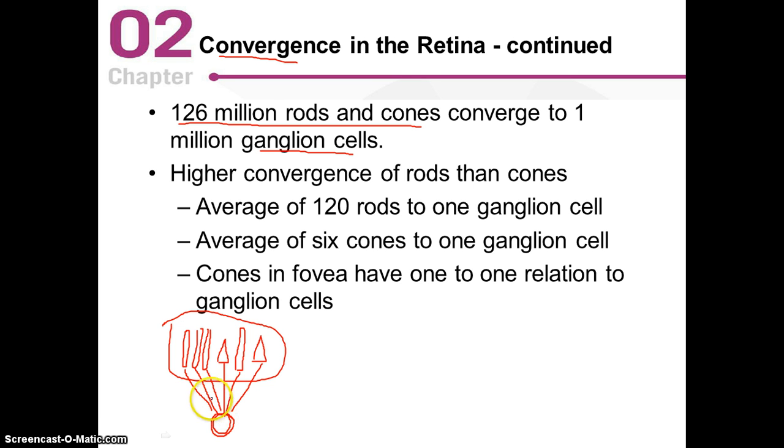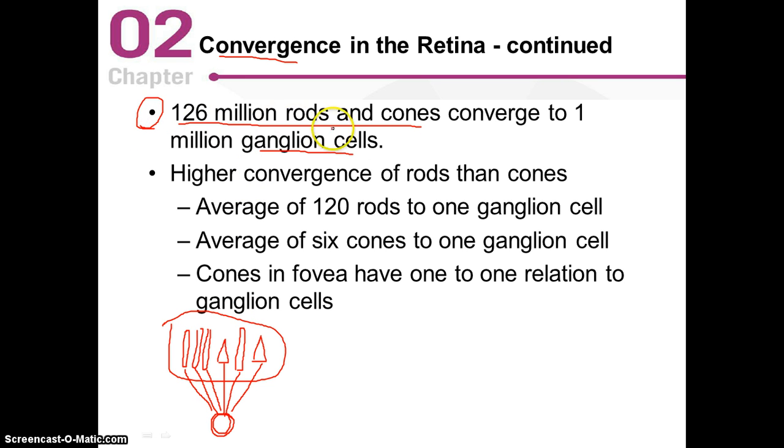So there's a lot of convergence onto this single ganglion cell. All of these messages from these sensory neurons are converging onto this single ganglion cell. So there's a lot of convergence in the retina.